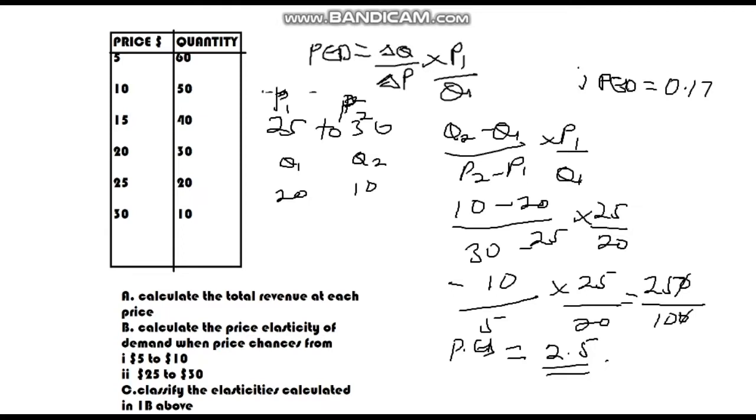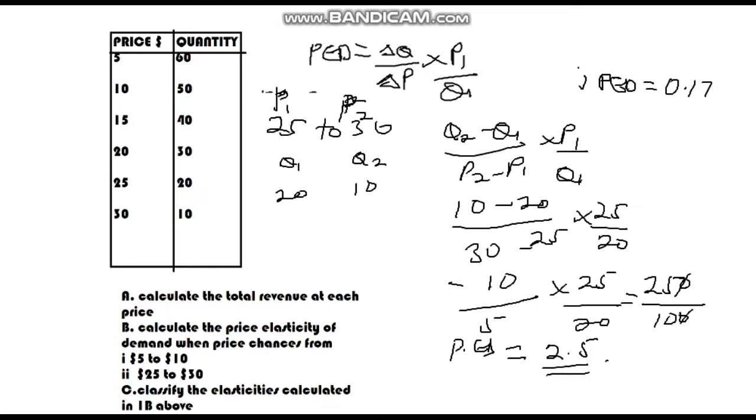Now the C question here is saying to classify the elasticities calculated in 1B above. So when you look at the answers, the I is 0.17 and the II is 2.5.